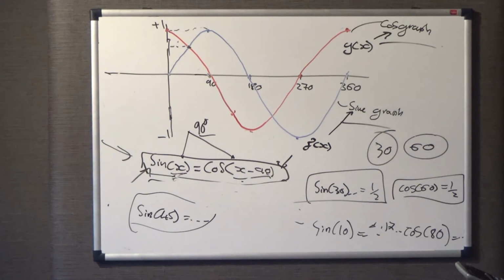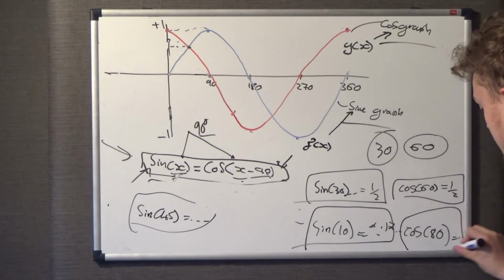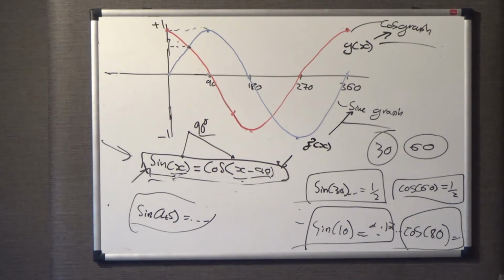It's 0.1736481777, and we'll do the cos of 80. 0.1736481777. Exactly the same. And that's because the angles add up to 90. So that's a relationship you need to be aware of. As I say, you can do as many examples as you want, and it will always give the same value.